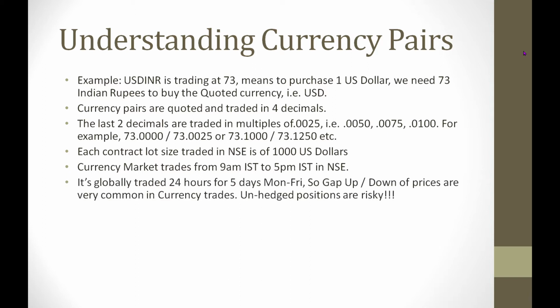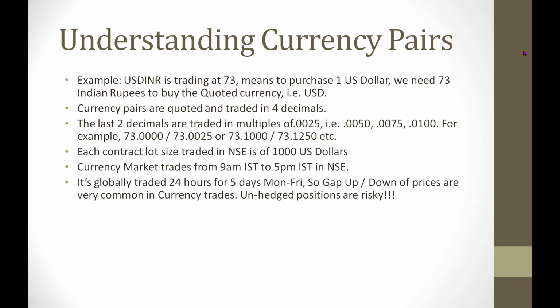However, globally, in various other markets, all currency pairs are traded 24 hours for 5 days, Monday through Friday, in their respective exchanges. So the subsequent day, when we see the Indian market opening, usually we see a gap up or gap down depending on how the currencies have traded in the global exchanges.